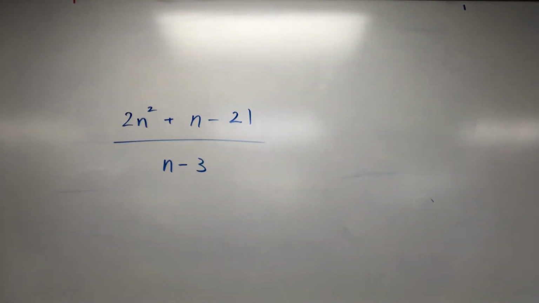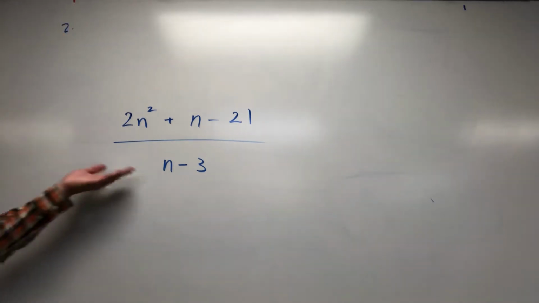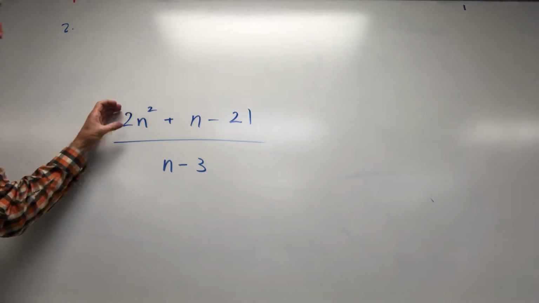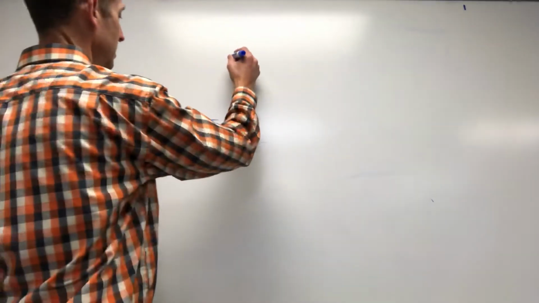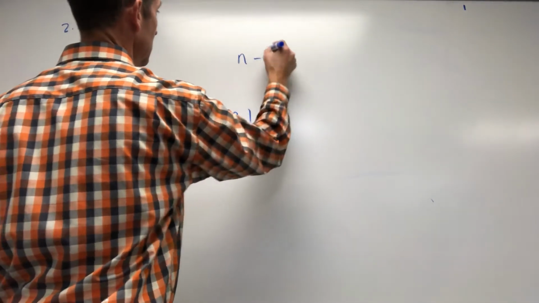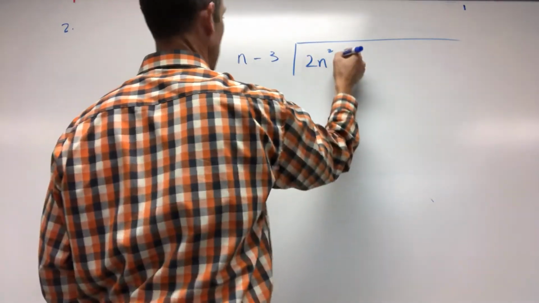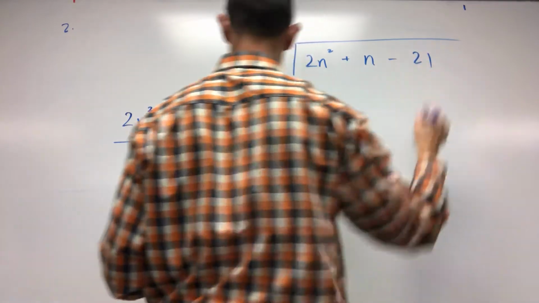So this will be our second example. When you get the problems, it's going to be set up like this. So take what's on top, take what's on bottom, set up long division, n minus 3, long division, 2n squared plus n minus 21.